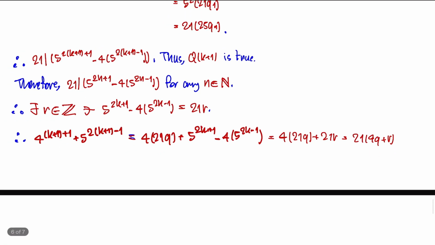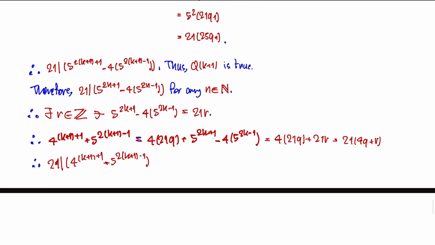So we have shown that 21 divides 4 to the k plus 1 plus 1 plus 5 to the 2 times (k+1) minus 1.